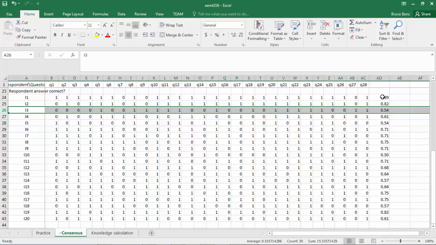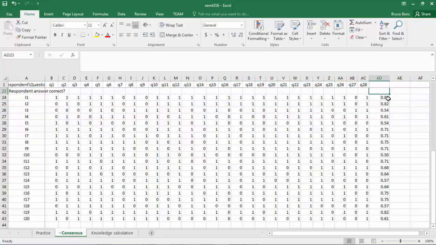This tells us how much relative to the group each respondent knows and agrees. So in a sense, this calculation is a knowledge score.